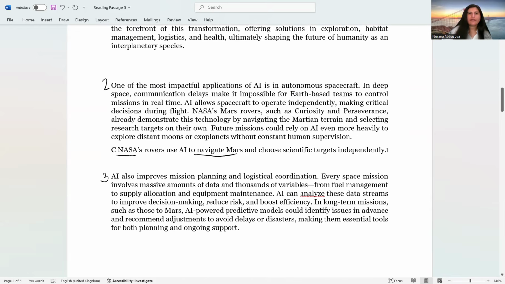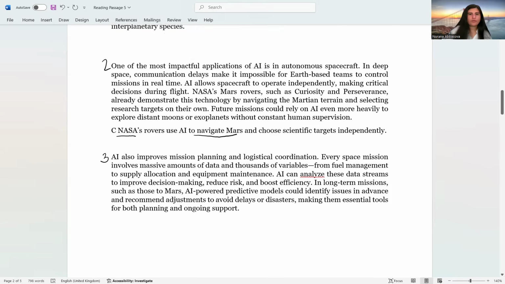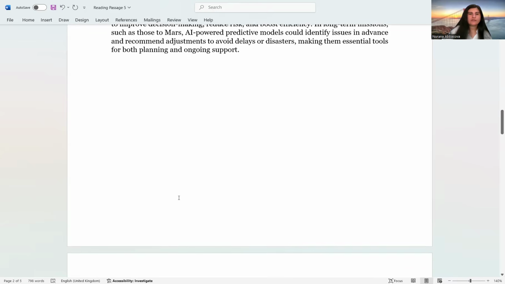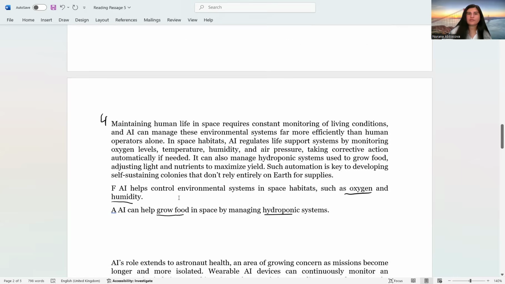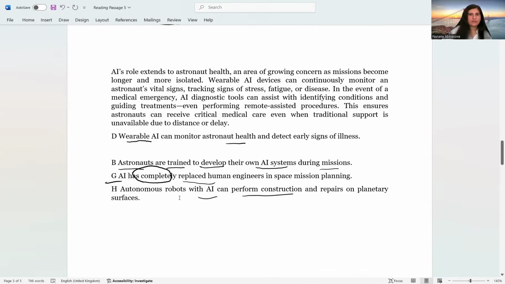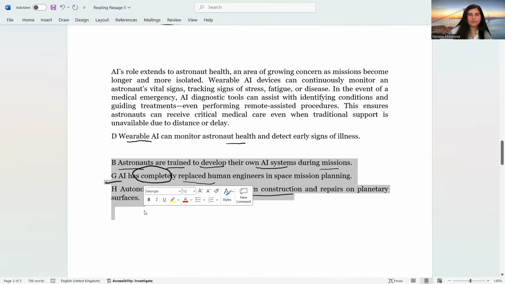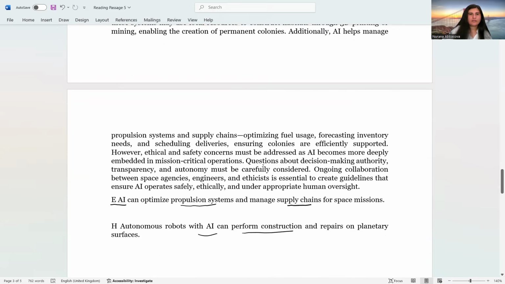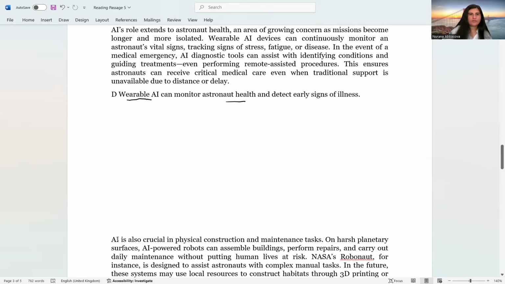So paragraph A, as you can see, has no option. There is no answer related to this. Paragraph 2 has C. Paragraph 3 doesn't have any answer. 4 has 2 answers. And it's extra here. So sorry, let me clean it. Yes, D and this one has 2 answers.